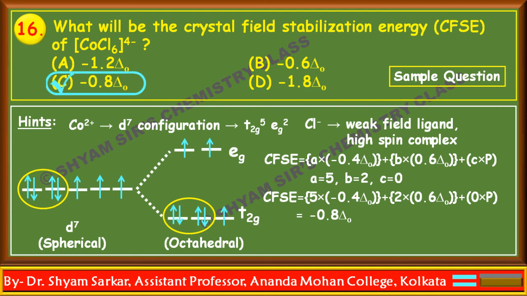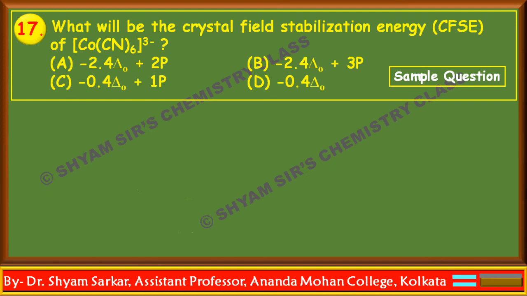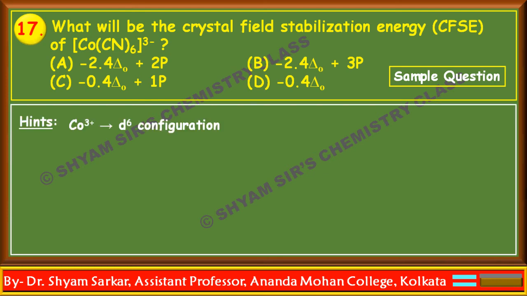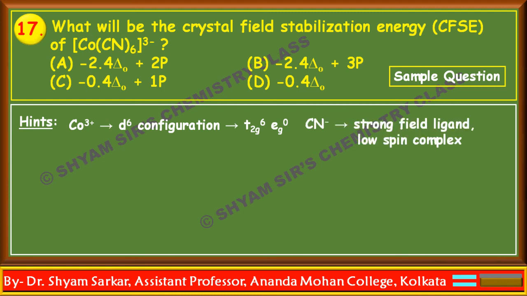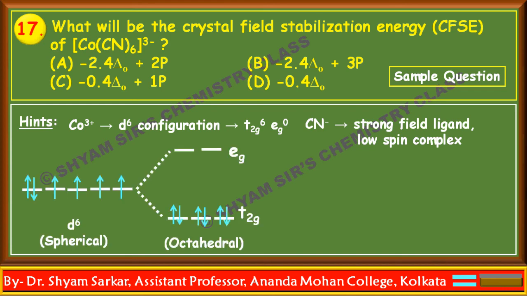Okay. Next question, what will be the crystal field stabilization energy of CoCN6 3 minus? See, here cobalt is in +3 oxidation state, D6 electronic configuration, and it will be t2g6 eg0, because in this case CN minus is a strong field ligand and the complex will be low spin in nature. That's why t2g6 eg0, that means all electrons will be paired up.